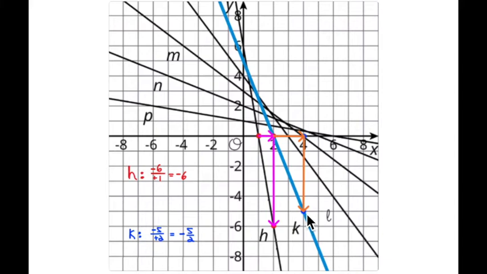And it's down here. And so that's a positive 2, negative 5. So for every positive 2 units along the x-axis, it's a negative 5 units along the y-axis. So it's the change in y over the change in x. So it's negative 5 over positive 2. So that's a slope of negative 5 halves.